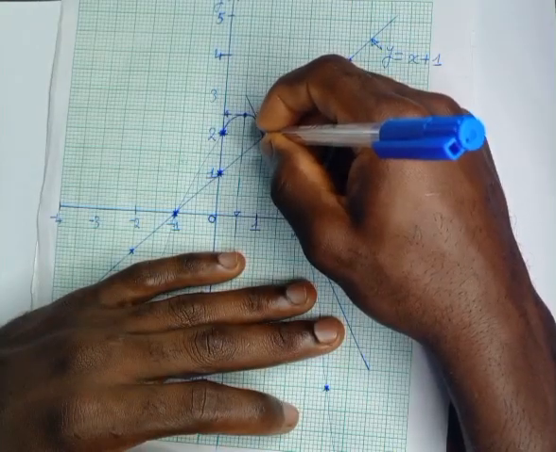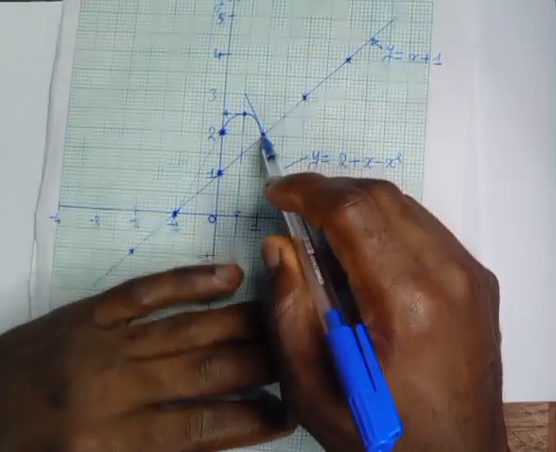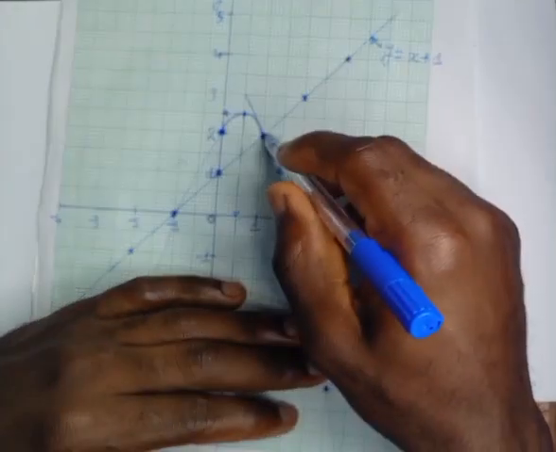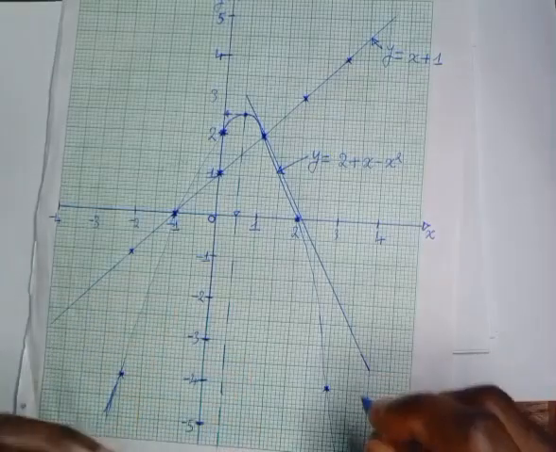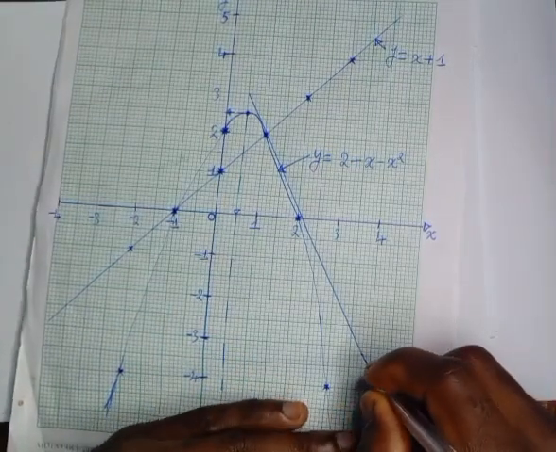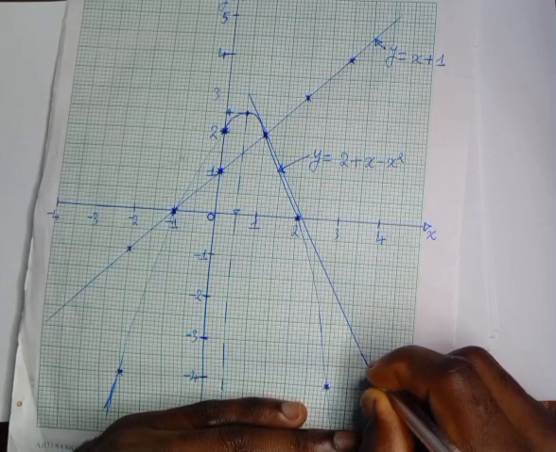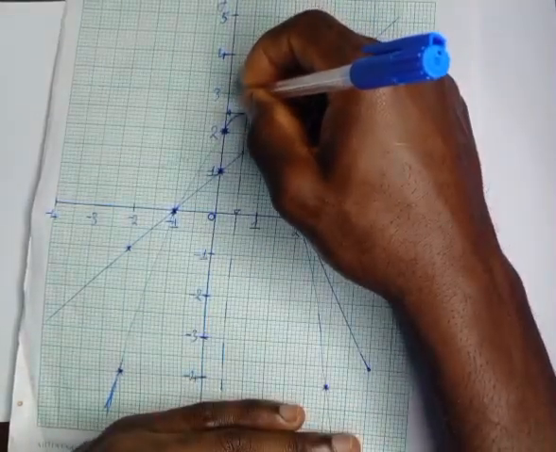So this is the point, and we have to calculate the gradient of the curve at this point. This is our tangent to that point. We are going to read out the x and y coordinates of this point and the x and y coordinates of this other point.